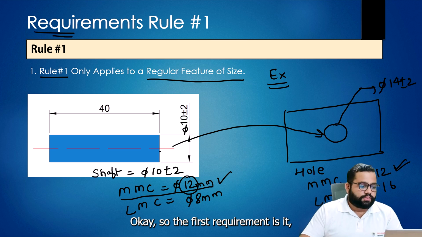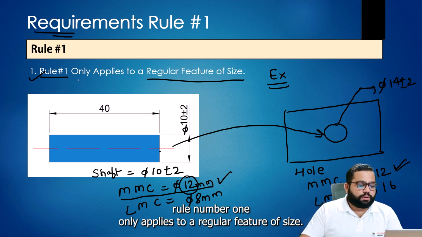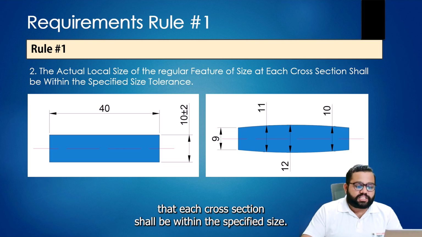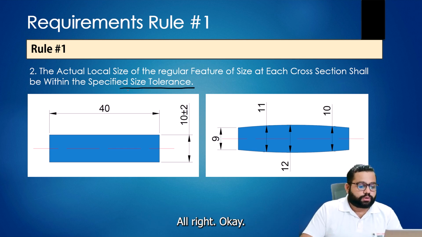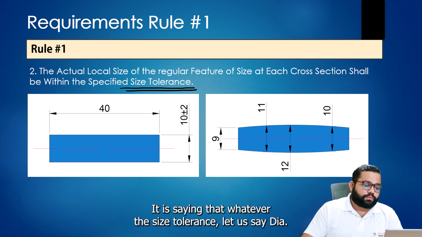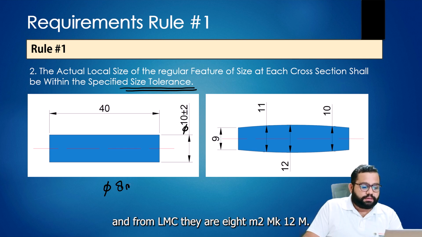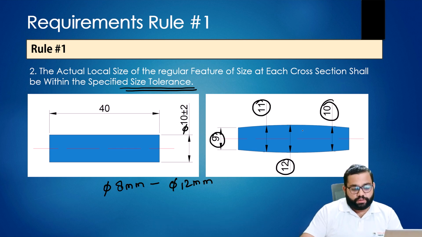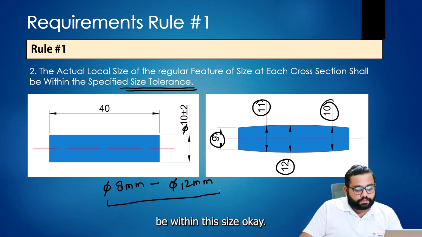So the first requirement is that rule number one only applies to a regular feature of size. Second requirement: the actual local size of a regular feature of size at each cross section shall be within the specified size tolerance. It is saying that whatever the size tolerance, let's say diameter from LMC, 8 mm, to MMC, 12 mm, all the cross section sizes must be within this range.